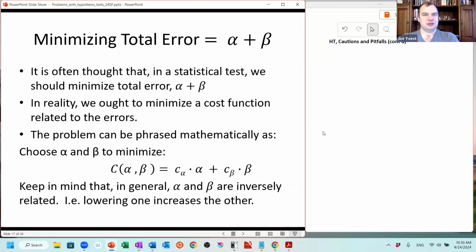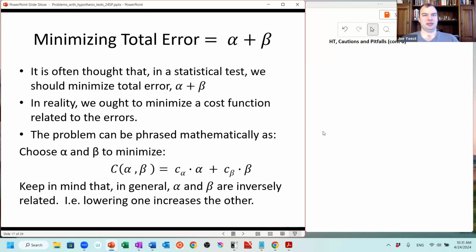We also talked a little bit already about how it's kind of industry standard to just peg alpha at 5%. We typically think that that means beta is around 20%, at least in the medical literature, and we kind of go with that. But we also have discussed that sometimes we recognize that a type 1 error is much more costly than a type 2 error.